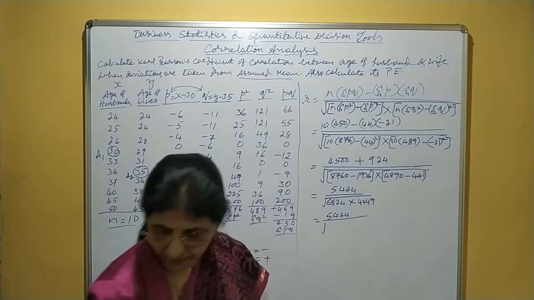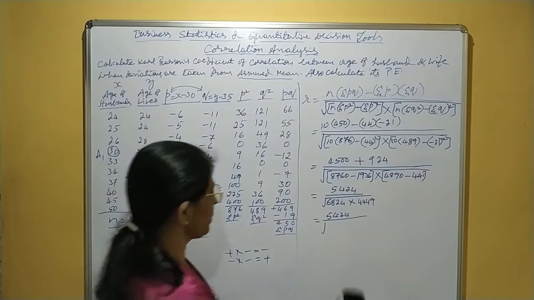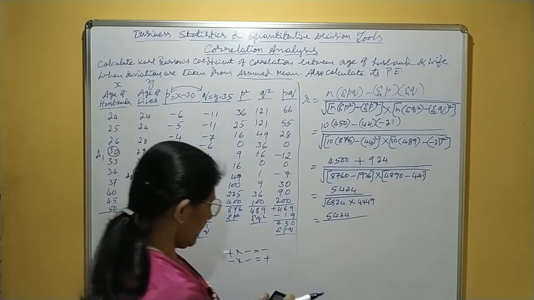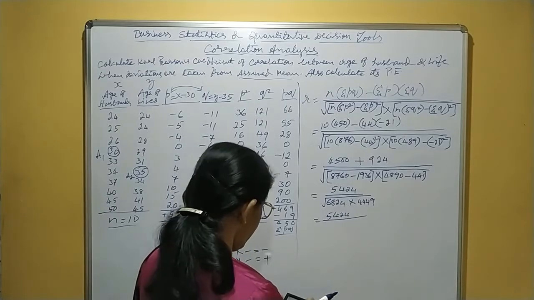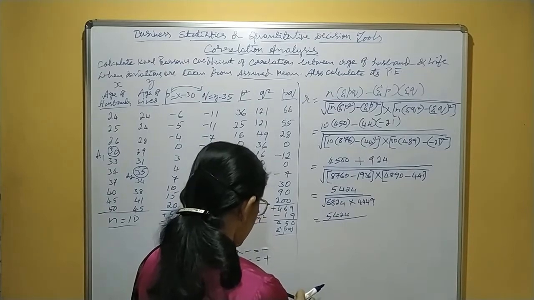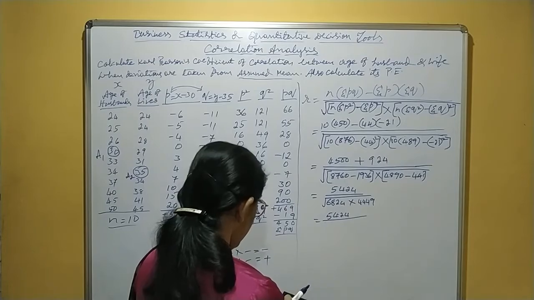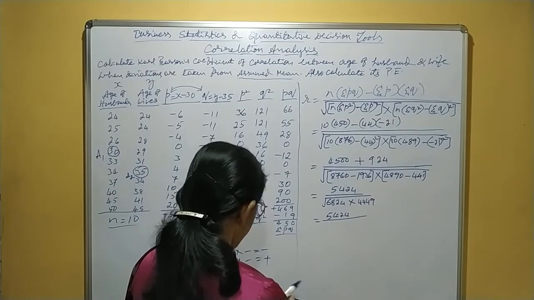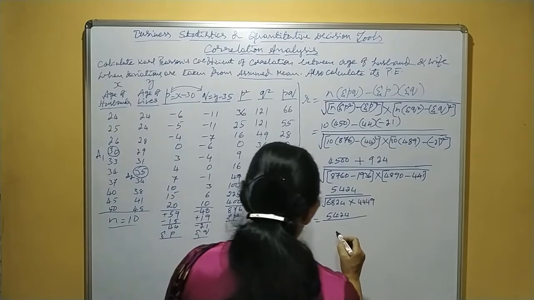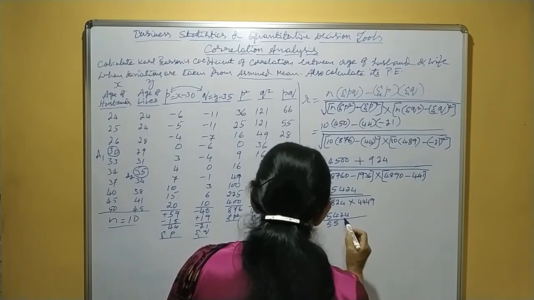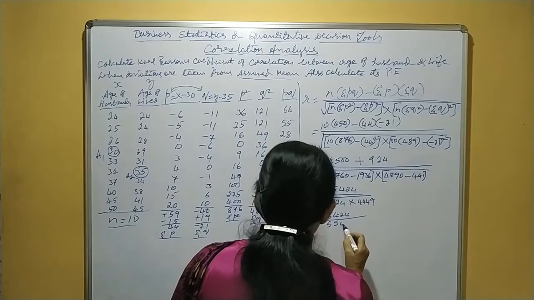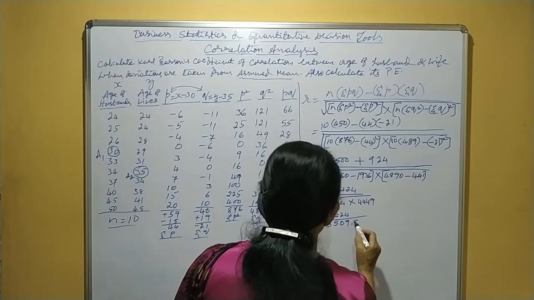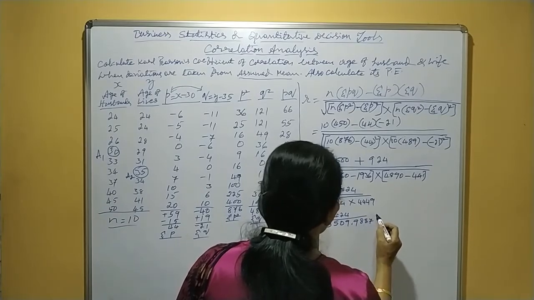Now at one step itself remove the square root. It is 4449 into 6824, remove the square root, 5509.9887.